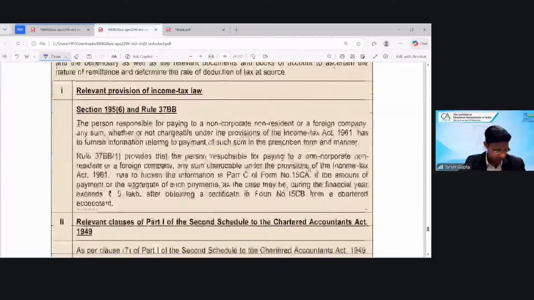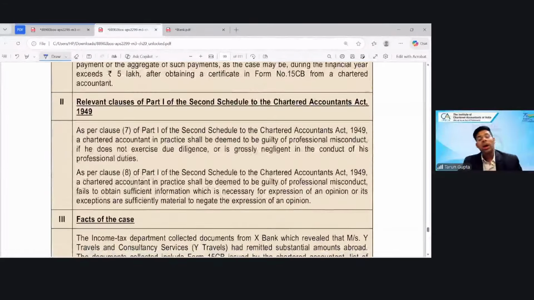Lastly, a CA gives a Form 15CB certificate authorizing remittance outside India without deduction of tax, on the ground that the amount is to be paid for purchase of air tickets, the travel tickets.